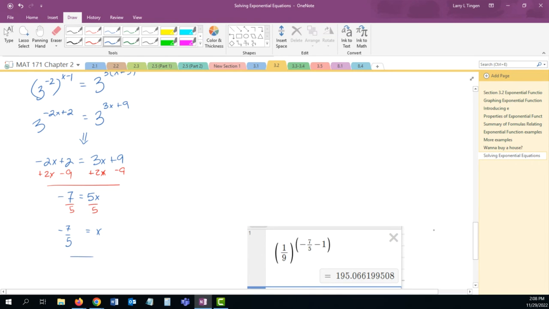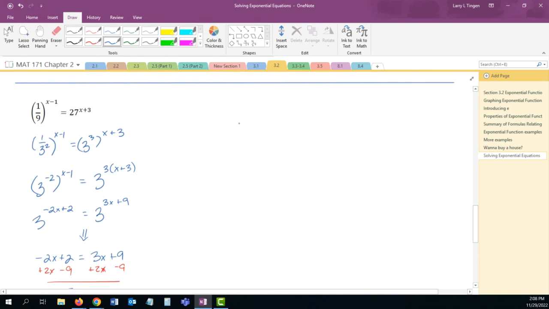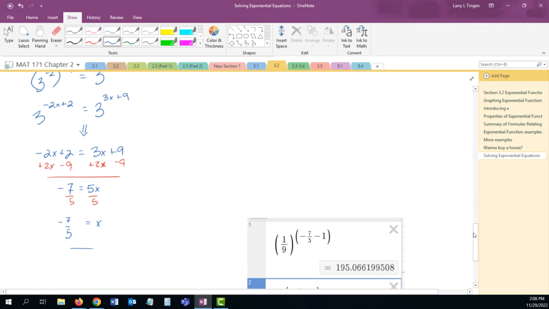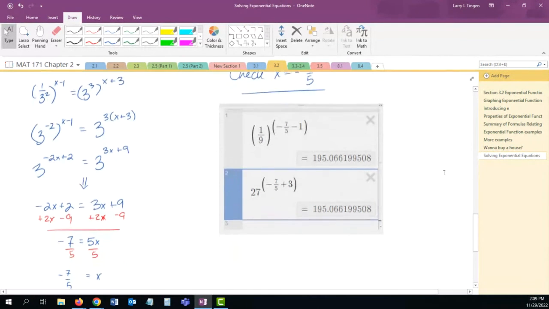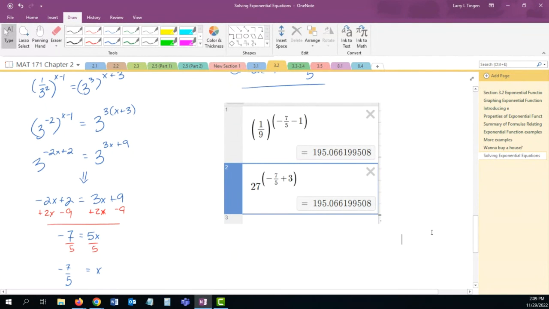Okay? To check this, if you try to do this by hand, it takes more steps than the problem actually did. So I went ahead and did the same thing in Desmos.